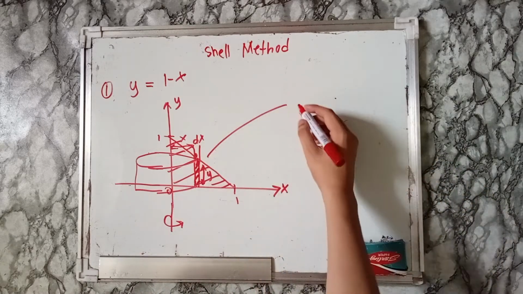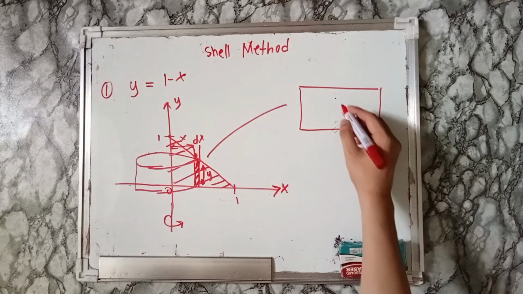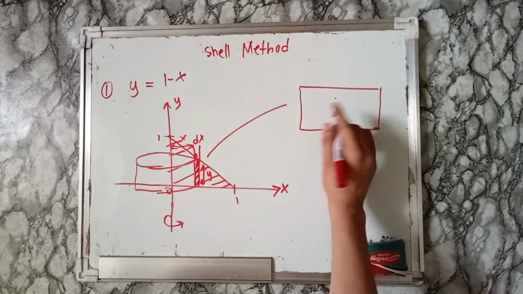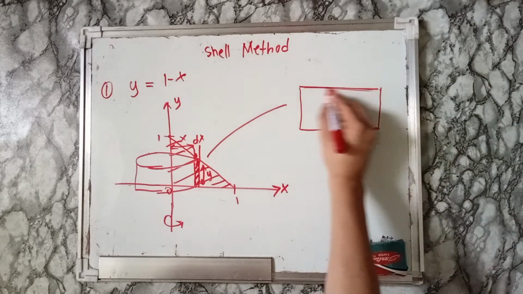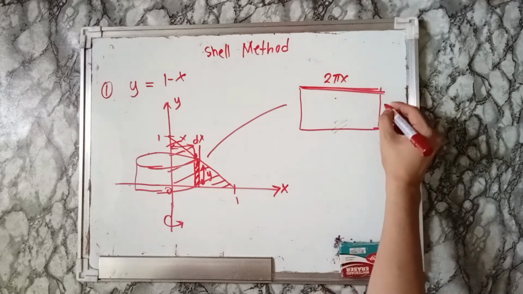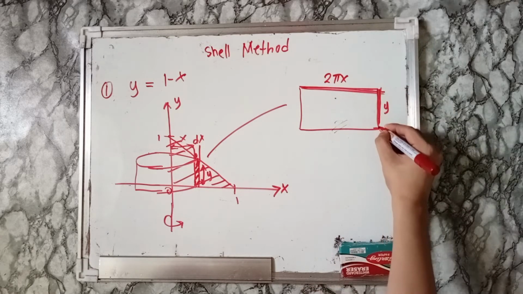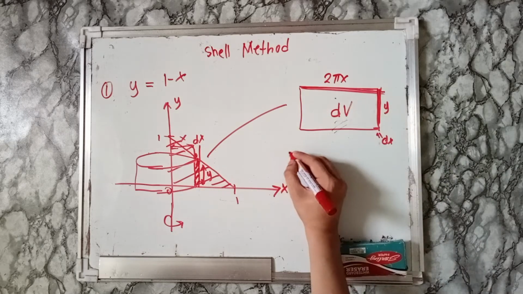So if we cut this in half, it will look something like this. So as I said, this is 2 pi x, and this is y, and of course the thickness is dx. And of course this is our differential volume.